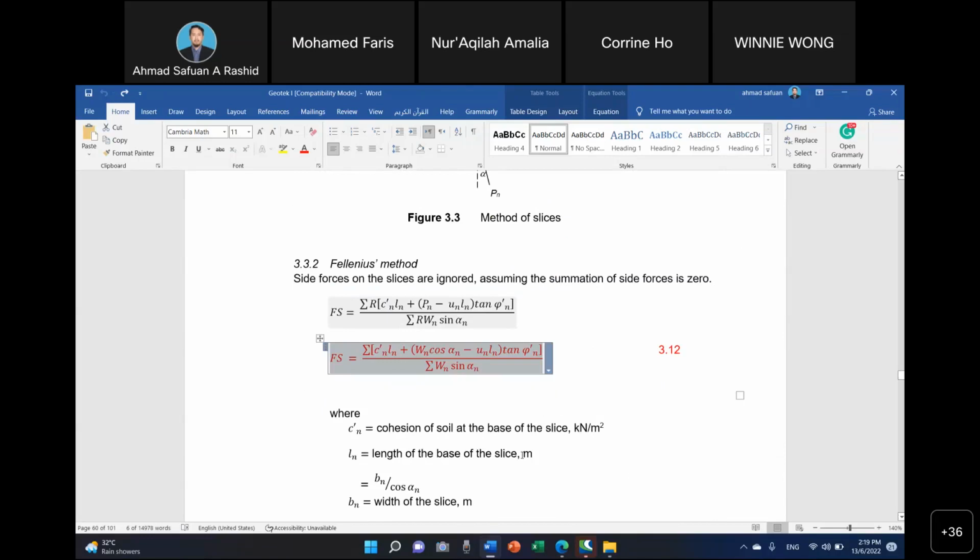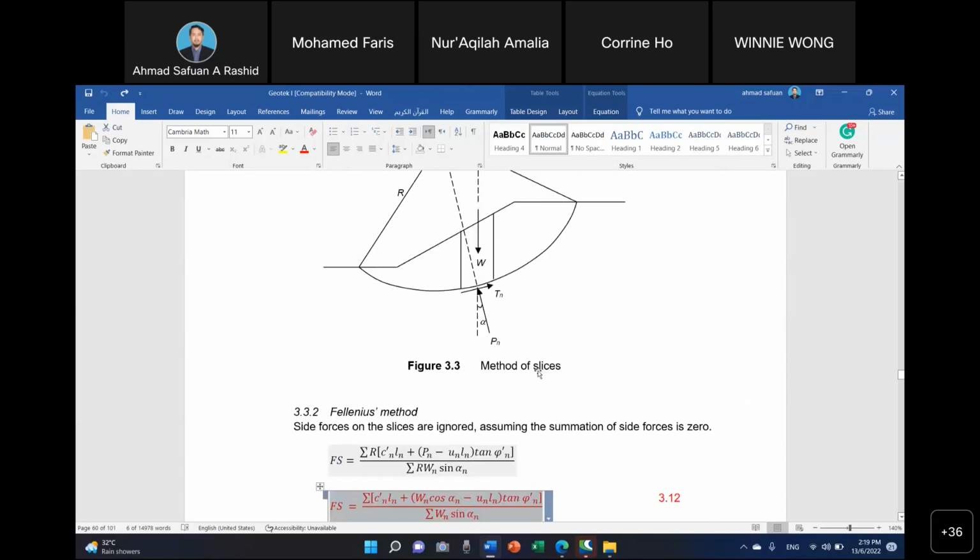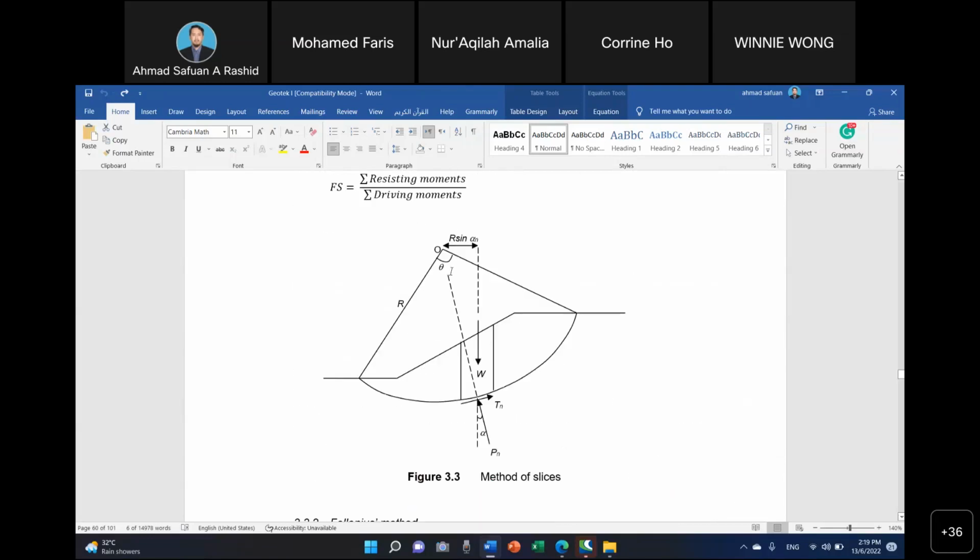So when you want to carry out the method of slices, either using the Fillenius or Bishop, the first thing is you need to plot on a grid paper. Why do you need to plot on a grid paper? Because you need to draw on the same scale as the actual conditions.